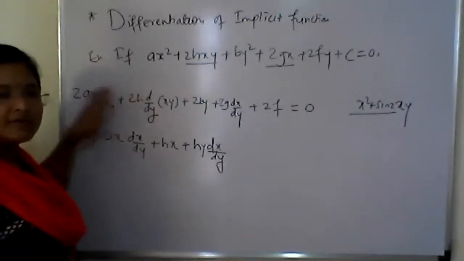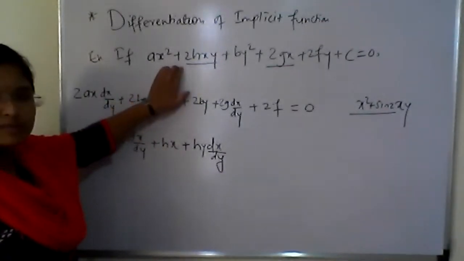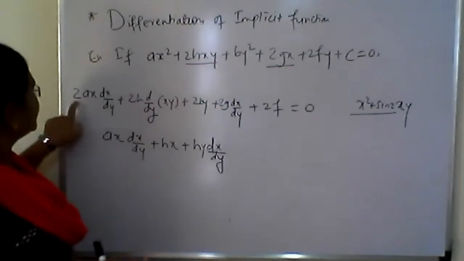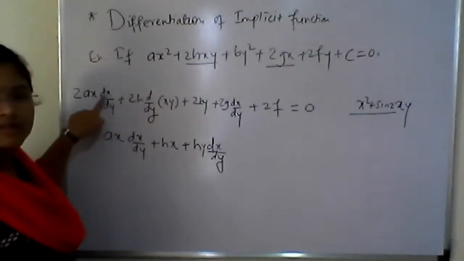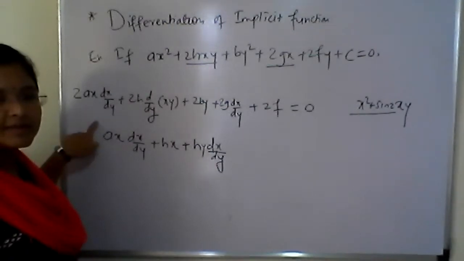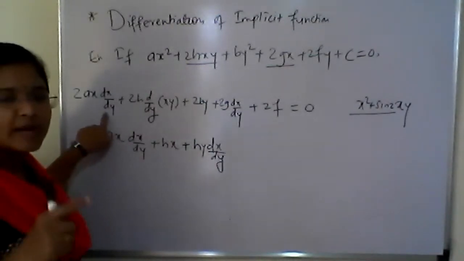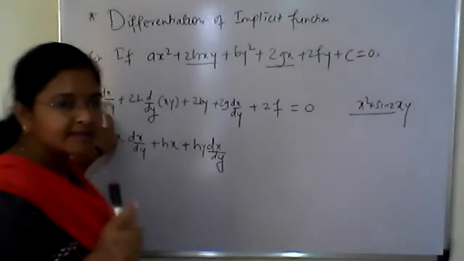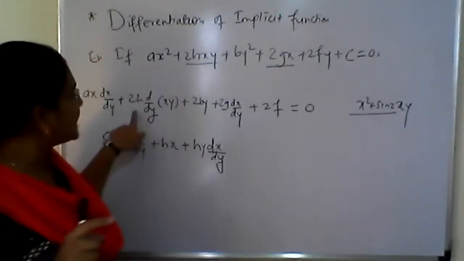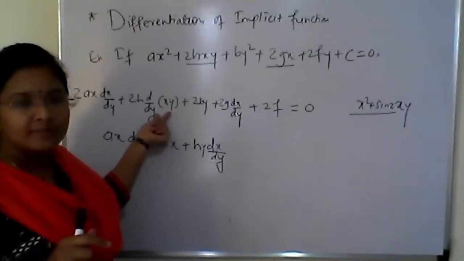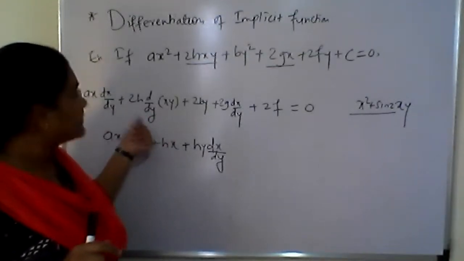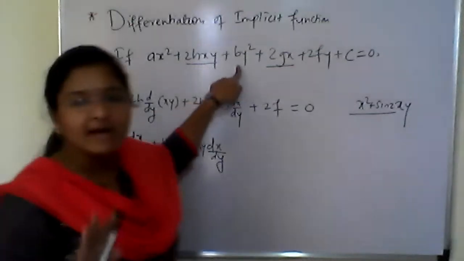Now we are differentiating this equation with respect to y. So here 2ax with dx by dy will be there, because with respect to y its differentiation will be dx by dy, plus 2h as it is, then differentiation of x into y with respect to y, plus, now here by square is there.